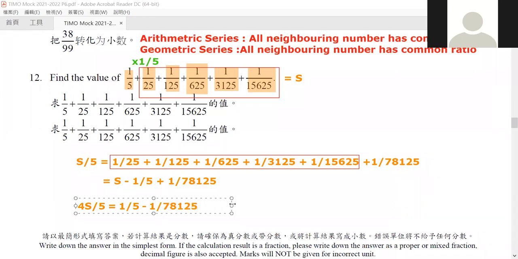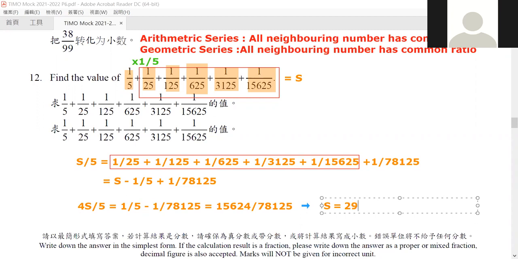This would be hard to calculate, but you can find it out: it will be 15624 divided by 78125. Then all you need to do is multiply both sides by 5 and divide by 4. So we get 15624 divided by 4, and S is equal to 3906.